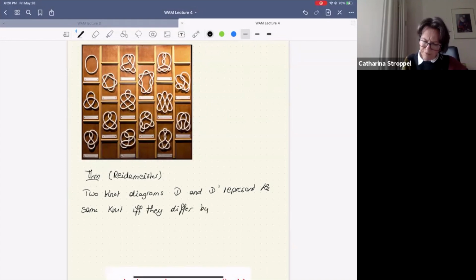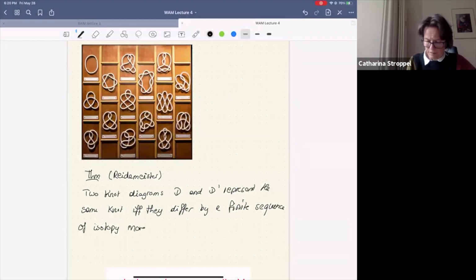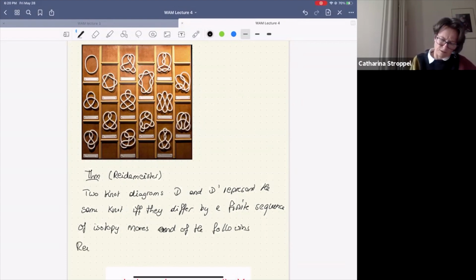So if they differ by a finite sequence of isotopy moves in the plane, so that means you can just move them a little bit around in the plane, and, what is more important, of the following Reidemeister moves. So this is what are called Reidemeister moves.